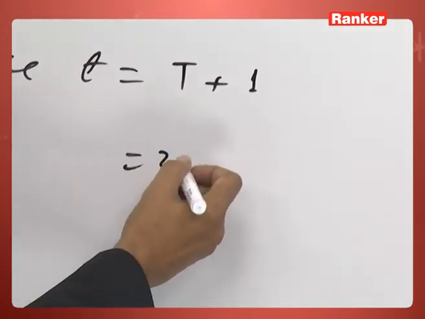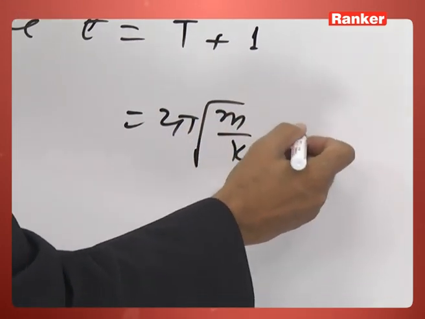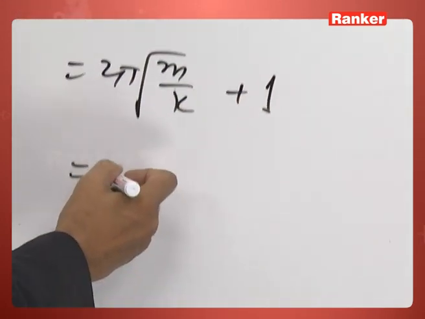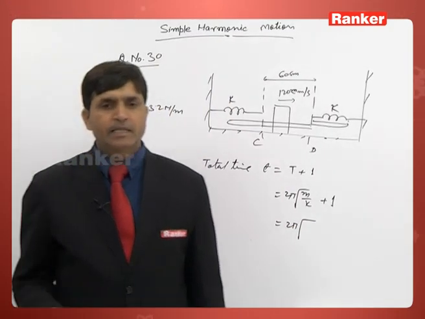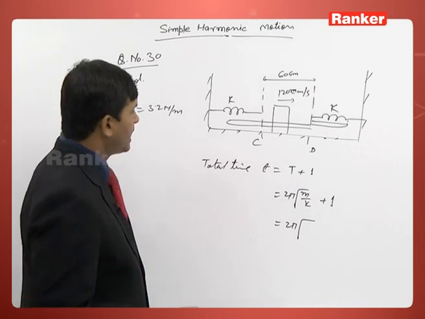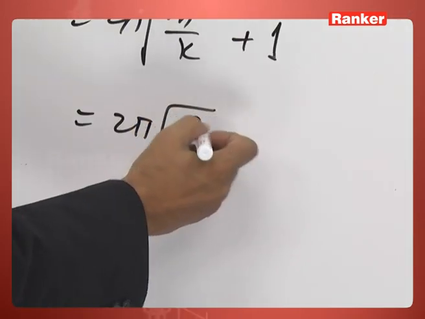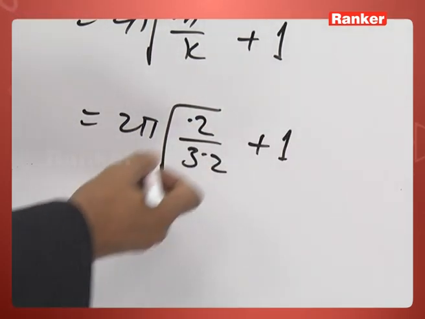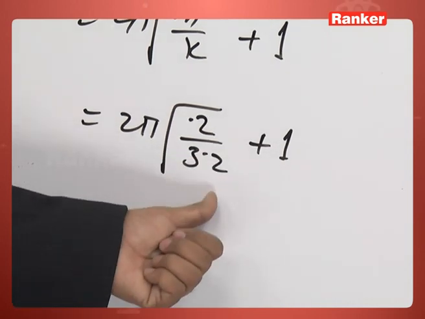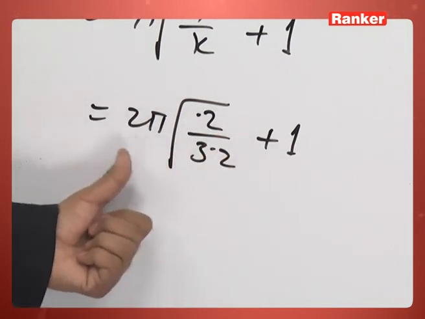So T is 2 pi root over m by k plus 1. And mass of the particle is given 200 gram, and force constant 3.2. The 200 means 0.2 by 3.2 plus 1. So this is 1 by 16. 1 by 16 means 1 by 4.